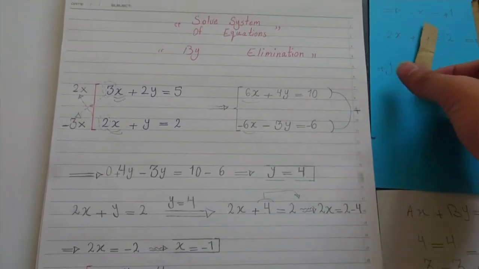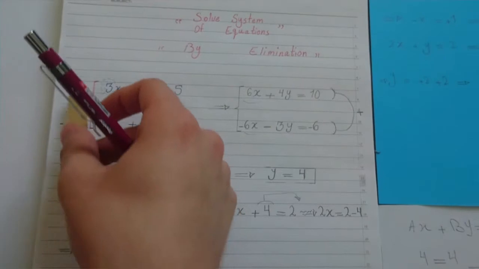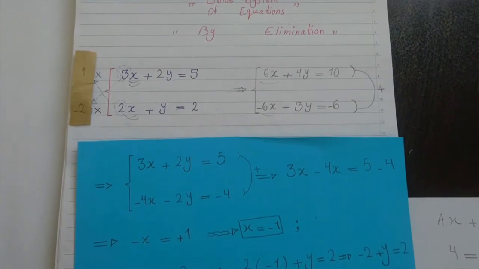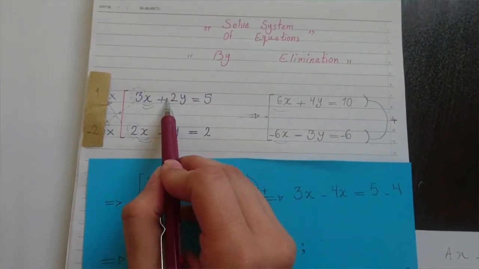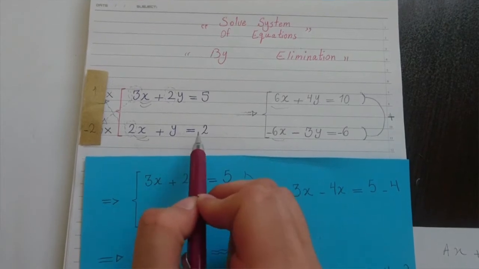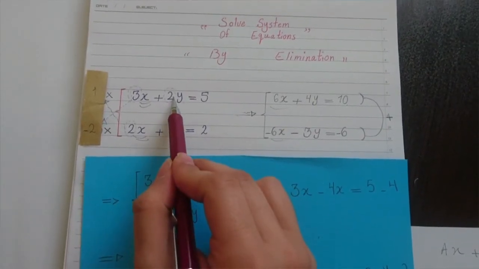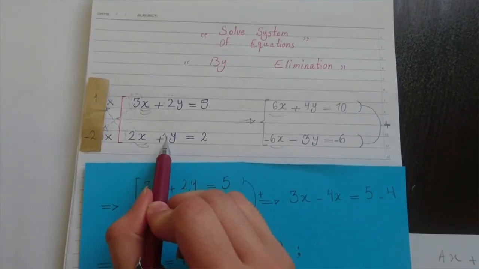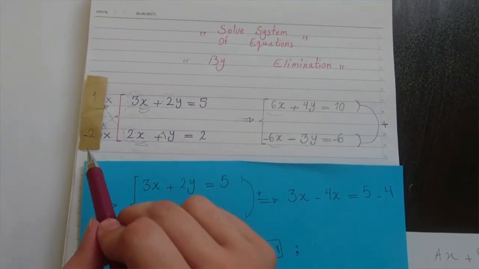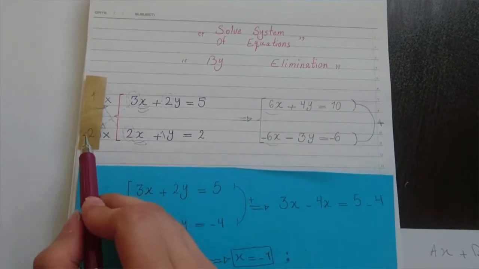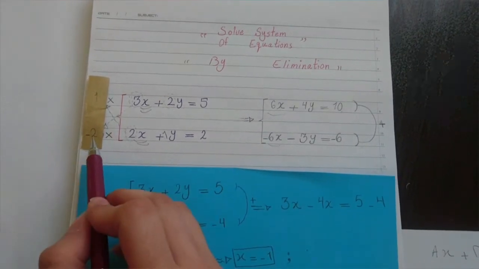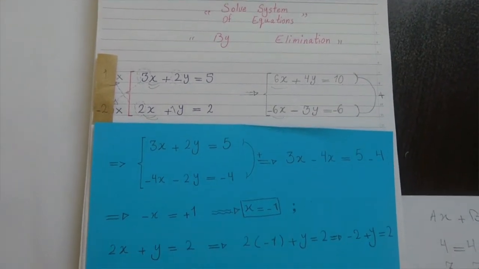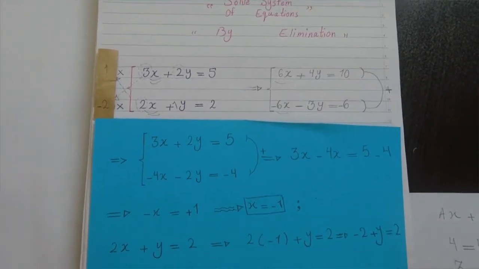In this question we can also eliminate the variable y. We take this coefficient, which is 2, and multiply the other equation by it, and this coefficient is 1, and we multiply the other equation by 1. Also, as I mentioned, we have to multiply one of them by a negative to easily add them up, and the variable will be eliminated.